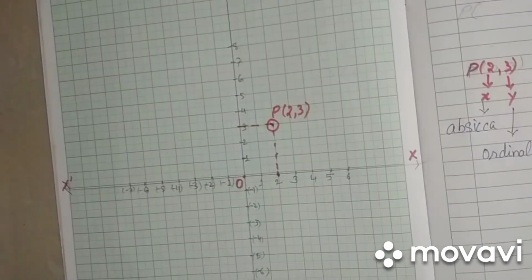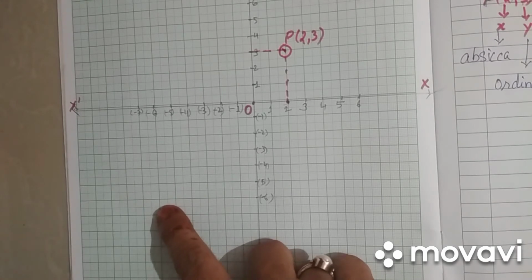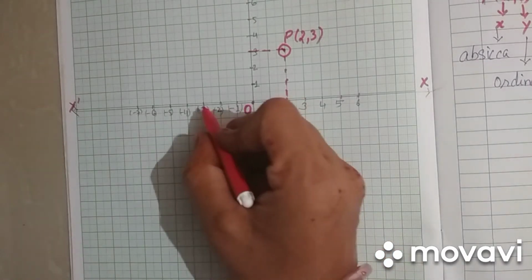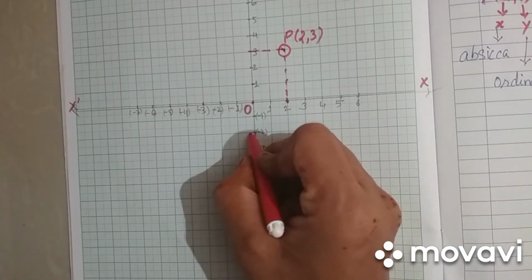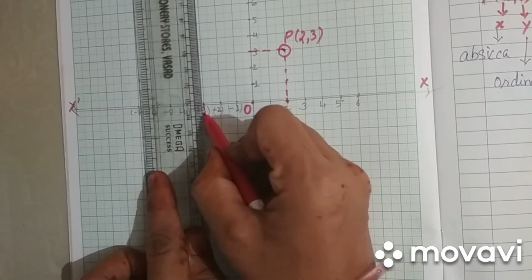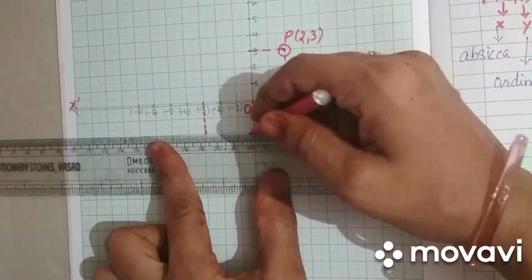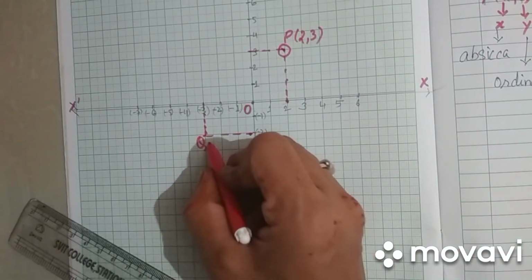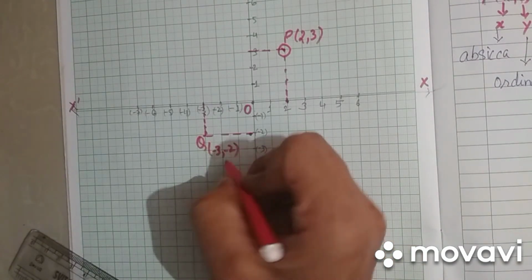So we have to move into the third quadrant. So here is my -3 and -2, so till here. From -3 you have to draw a perpendicular line, and 2 squares down, and for this you have to draw. So the point that arises is your point Q. Label it as (-3, -2).